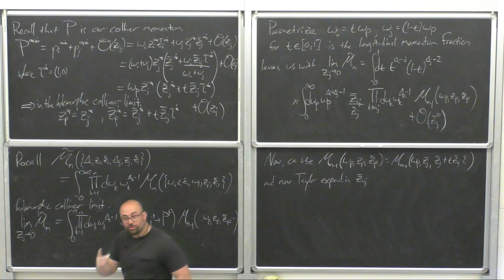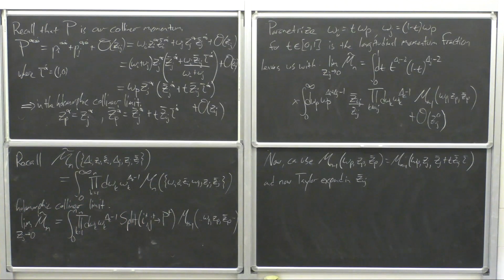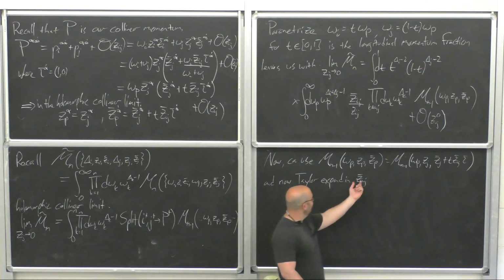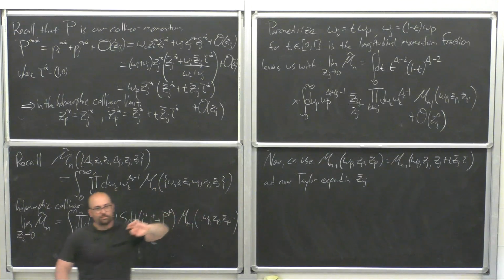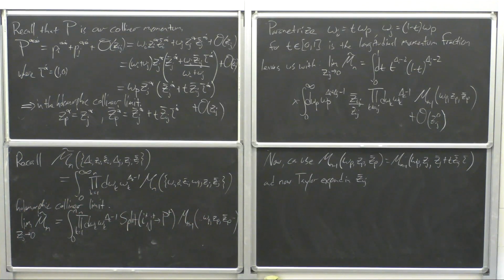This is a street legal thing to do because we're keeping z bar ij fixed. You could worry, if you had Lorentzian real momenta, that this is not a copacetic thing to do, because this going to 0 might produce some sort of weird singular behavior. But because we're doing the holomorphic collinear limit, or the holomorphic OPE limit, this is a street legal thing to do.